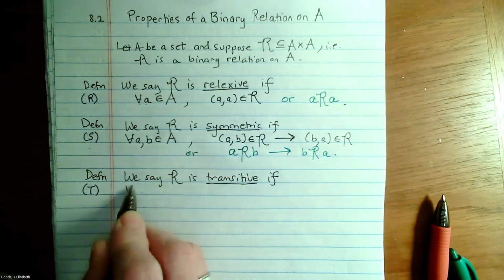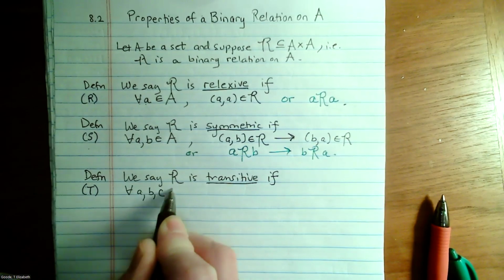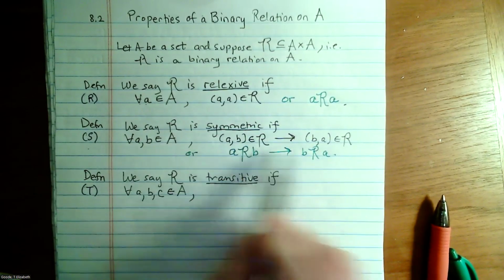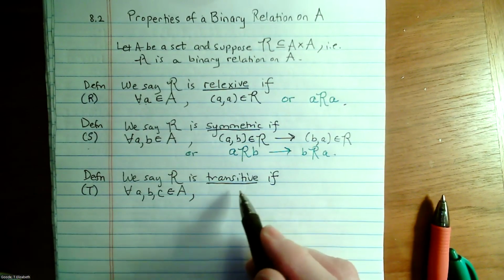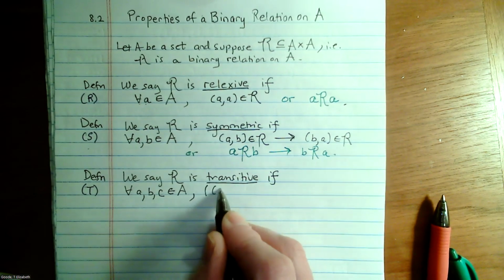Here we go. For all little a, little b, and little c in set A, and again, it's going to be an if-then definition, but it's a little more complicated. We have a compound hypothesis. It goes like this.